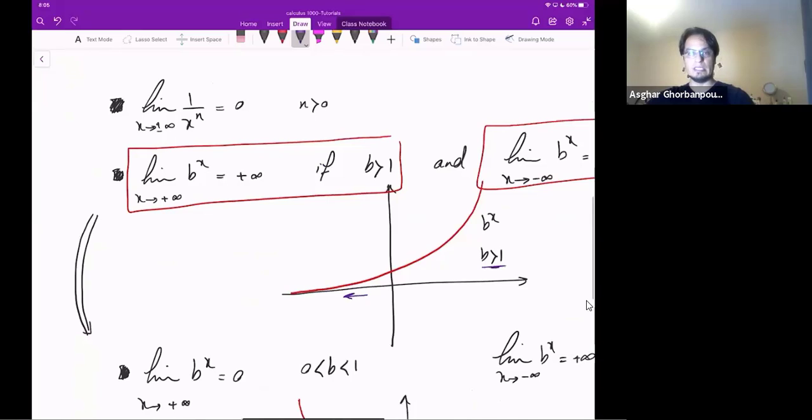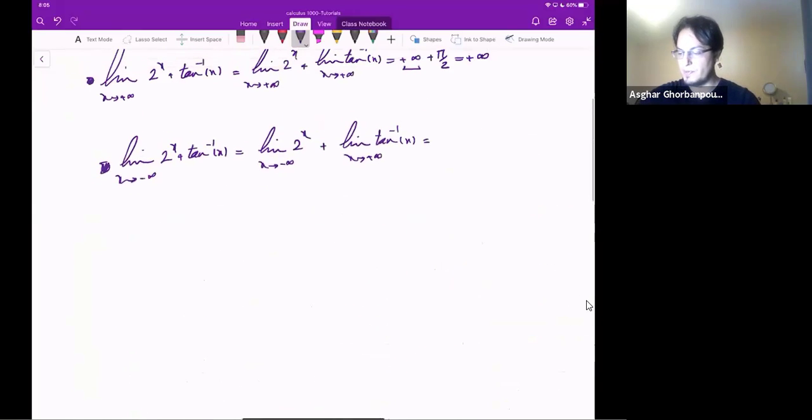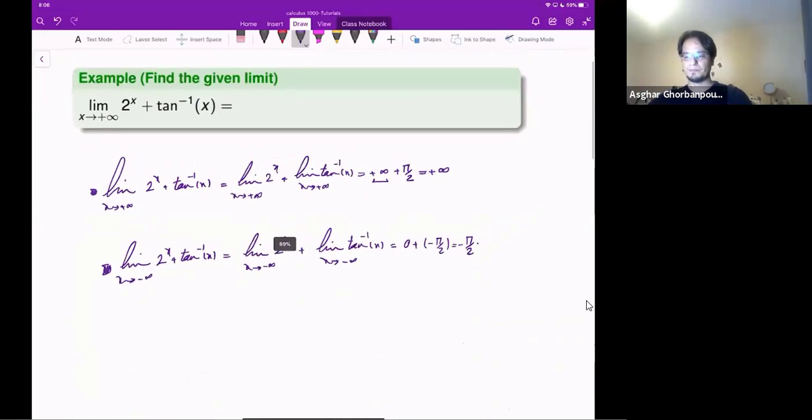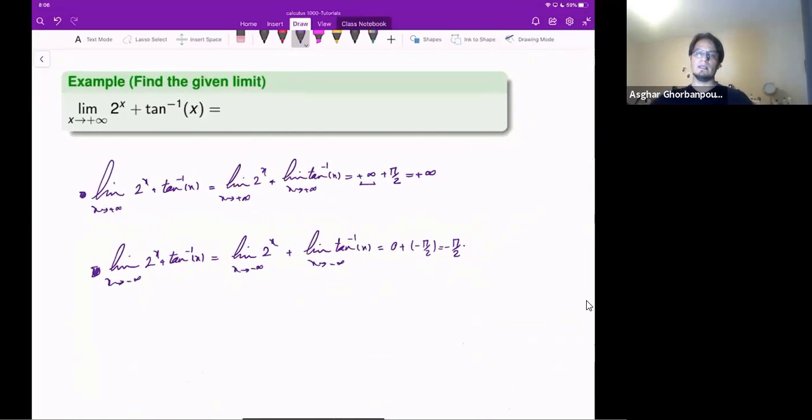The base is 2, it is bigger than 1. As x goes to negative infinity, it approaches 0. So the first part is 0. The second part, as x approaches negative infinity, tan inverse approaches negative pi over 2. So the whole limit here will be negative pi over 2. So that way, you find the limits of this form.